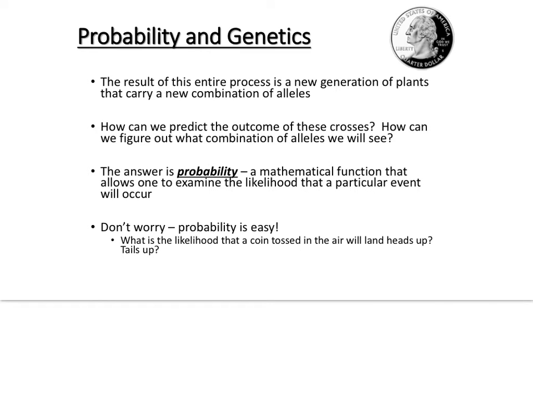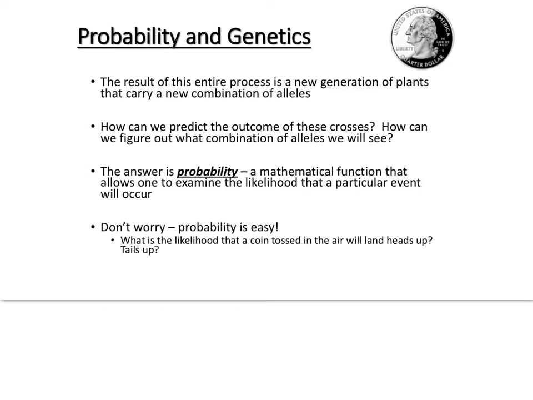Now, the result of this entire process is going to give us a new generation of plants, or offspring, that have new combinations of alleles. And what scientists were really most interested in is, when you look at parents, can you predict what we'll see in their offspring? Now, the answer is yes, you can. And the way that we do this is through mathematics, right? Probability.